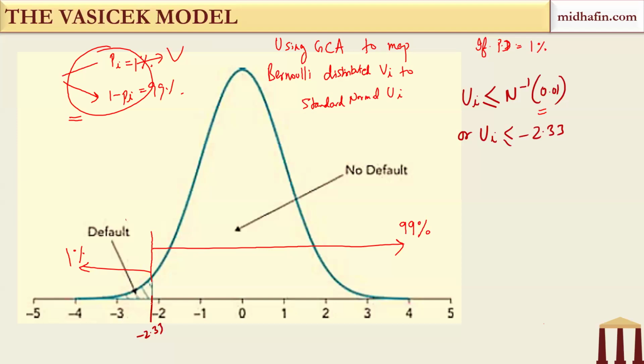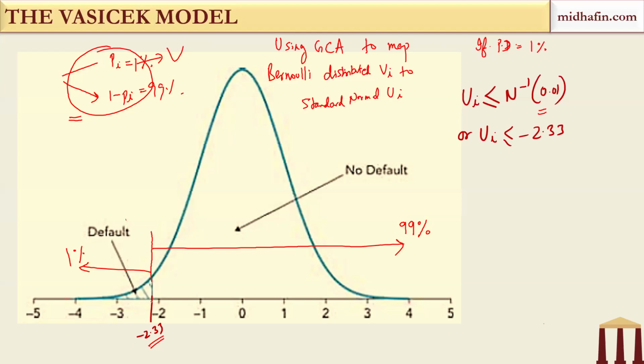Which means that according to Ui, if Ui is less than negative 2.33, default will happen. If Ui is greater than negative 2.33, default will not happen. That is the idea.